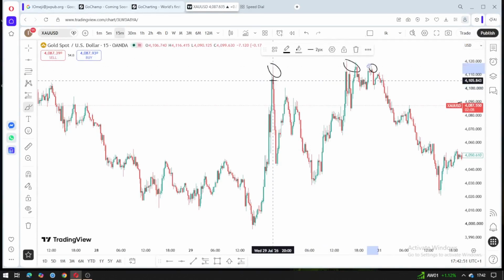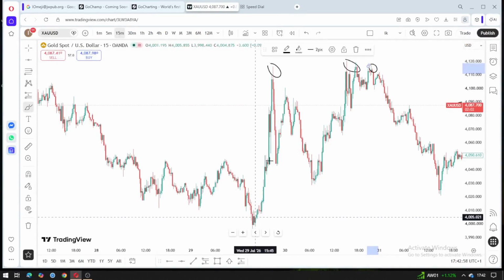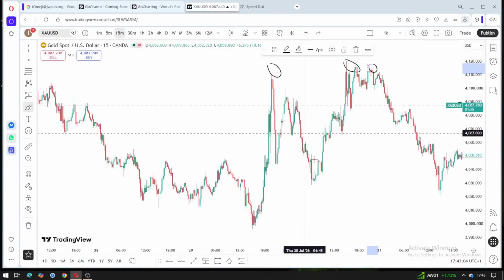Why is it a reversal? You could see when the market came from here, it went up like this, and then tried to reverse backward. This is more like a partial reversal, so it's not a pause.